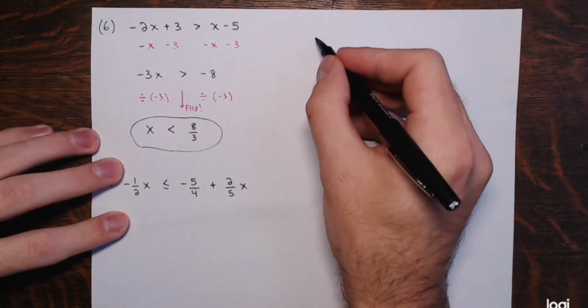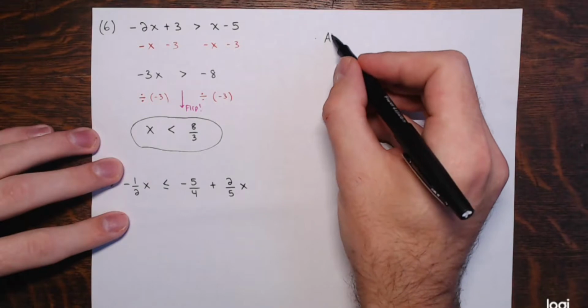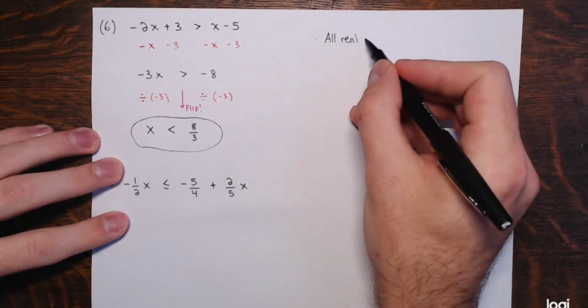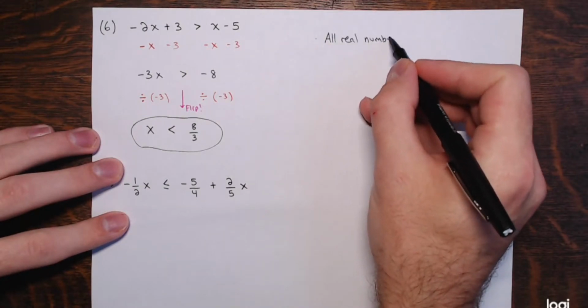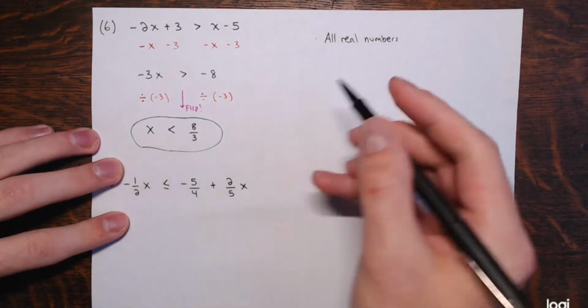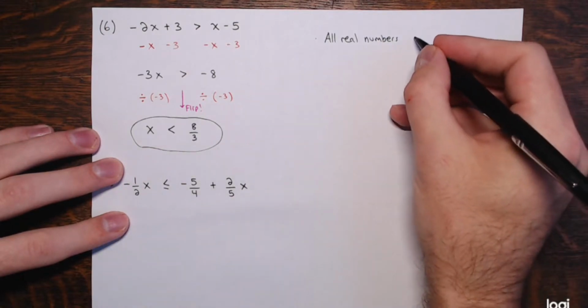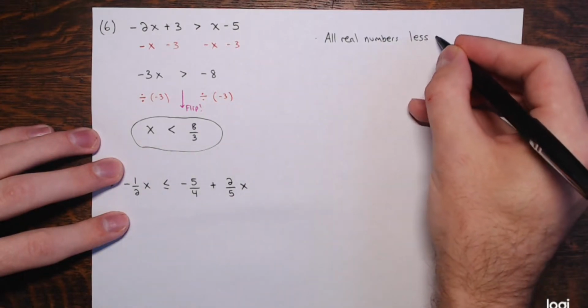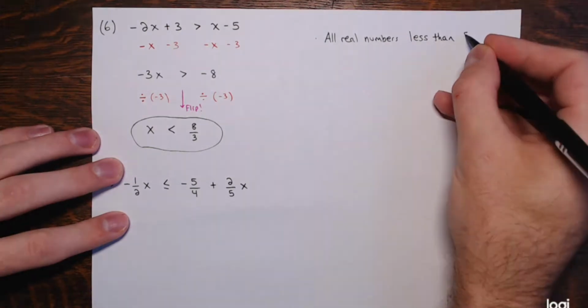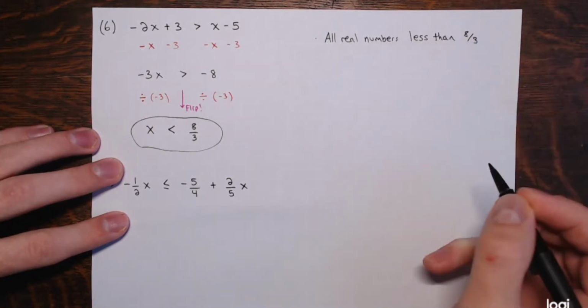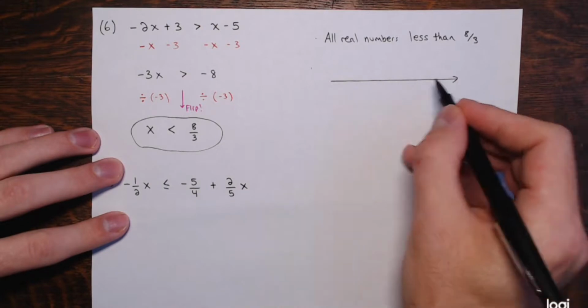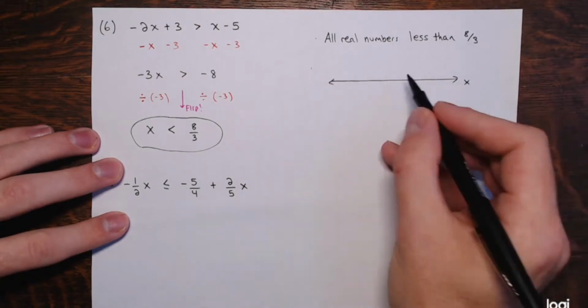So the solutions are all real numbers less than 8/3. x is less than 8/3, but not including 8/3. So here's a graph. Once again, the variable's x, zero is here.